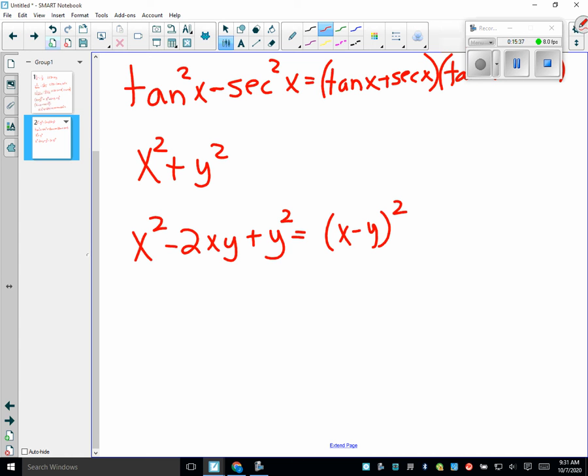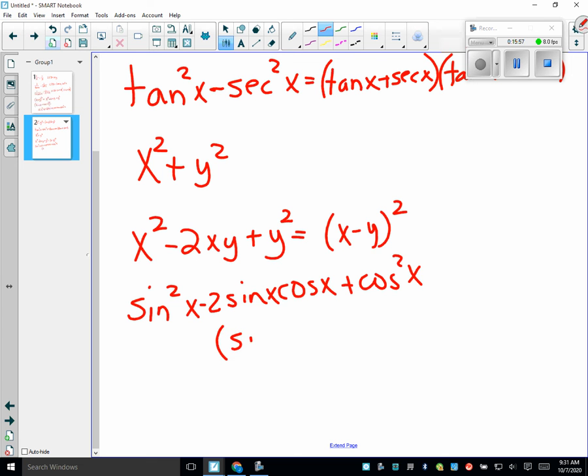So what is this going to factor into? Sine minus cosine, quantity squared. You all agree? Sometimes it takes longer to write it down and figure out what it is than to just recognize it.